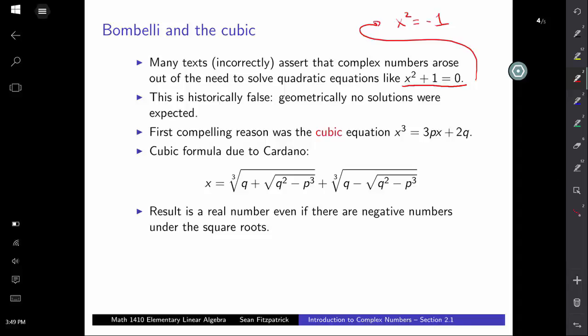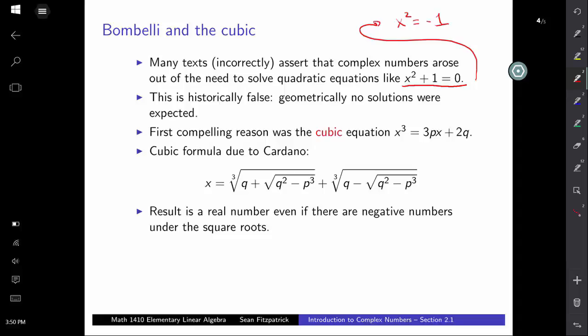But for mathematicians in the 16th century, this was a non-issue. These were people that were being brought up in the tradition of Descartes and analytic geometry, and so for them, the solution of an equation like x squared plus 1 equals 0, or really the solution for any polynomial equation, was simply figuring out where the graph of that function crossed the x-axis, right?